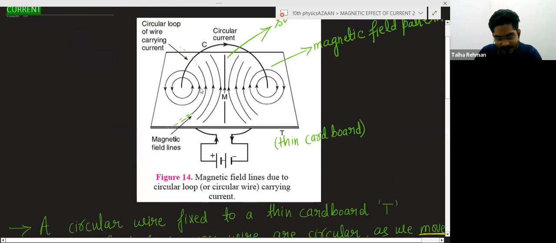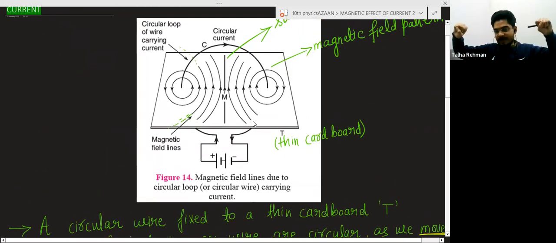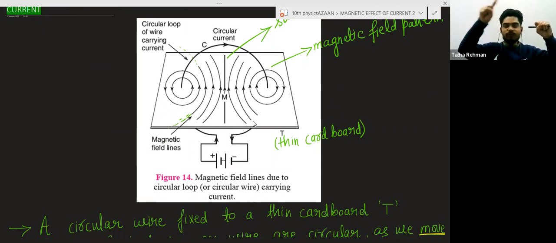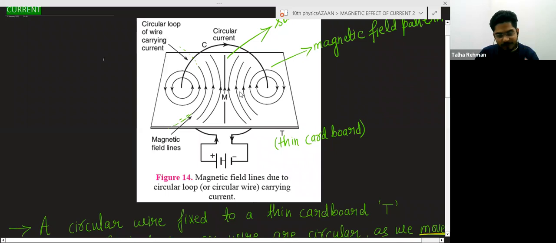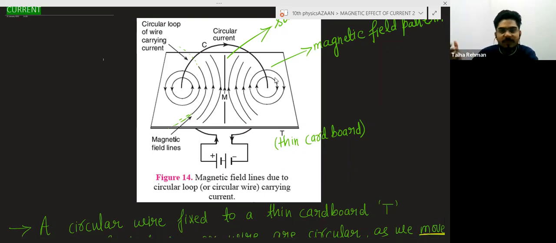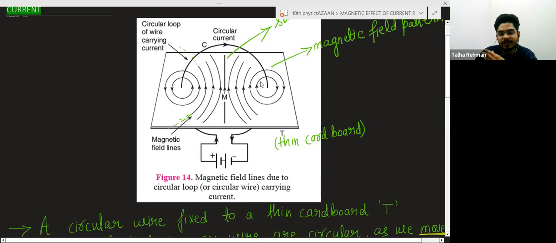This is a wire of one turn. You can take a straight wire and make it circular. It will be one turn, after that another turn, another turn. So there can be n number of turns. If you increase the number of turns, the length of the wire will increase, obviously, and the amount of current will increase.